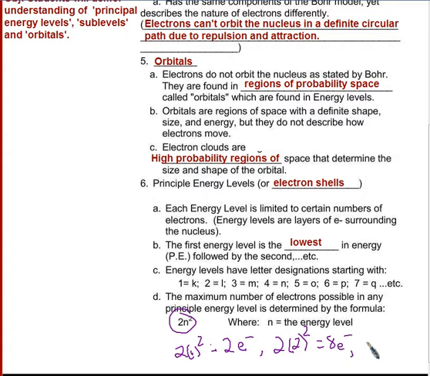If n equals 3, 2 times 3 squared is 18 electrons. Some of you might remember from your basic biology chemistry the numbers 2, then 8, then 18, then 32, and so on.